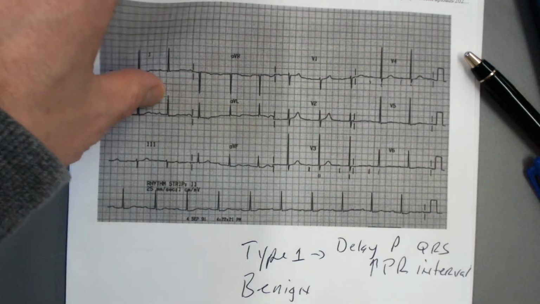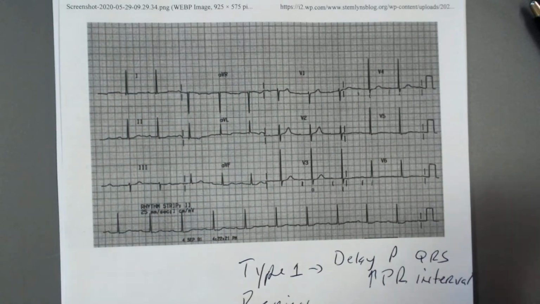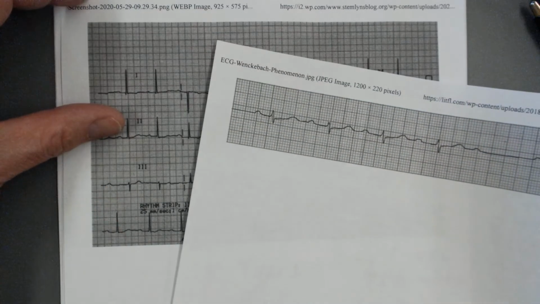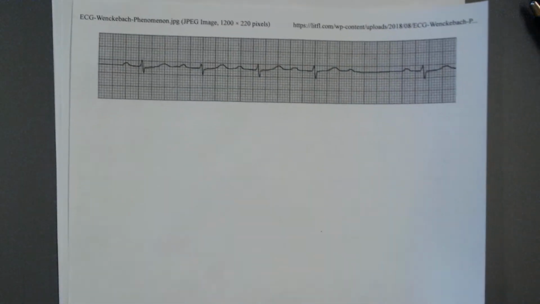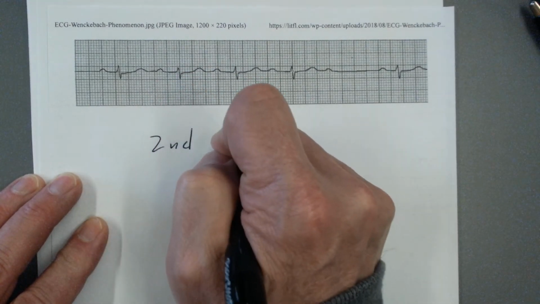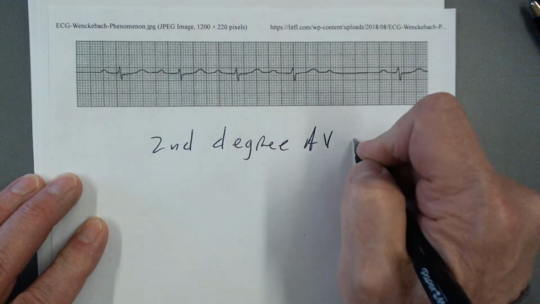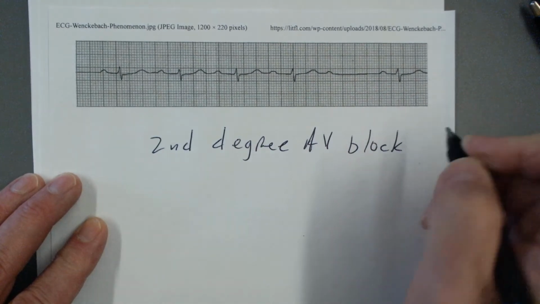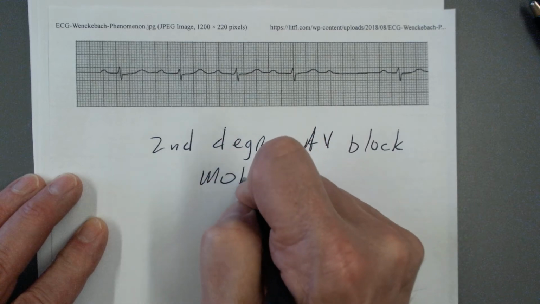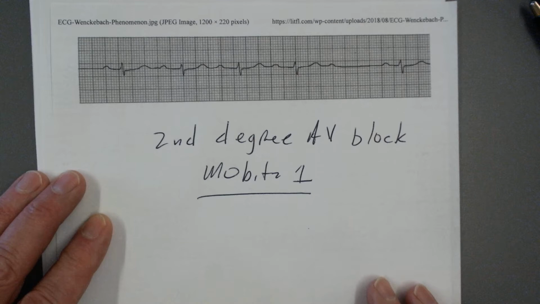Now let's take a look at a second degree atrioventricular block. Now there's two types of these. Here's the first one. So this is a second degree AV block. This, however, is a Mobitz 1.